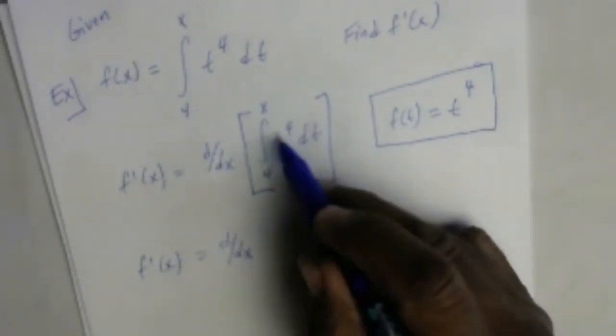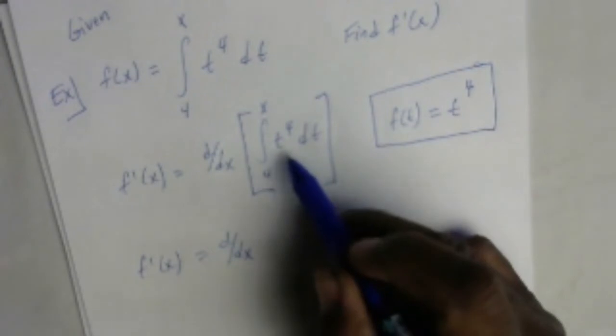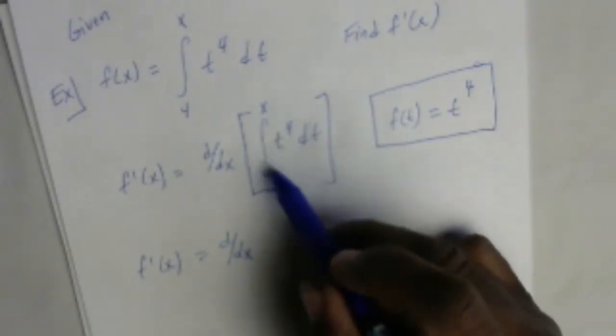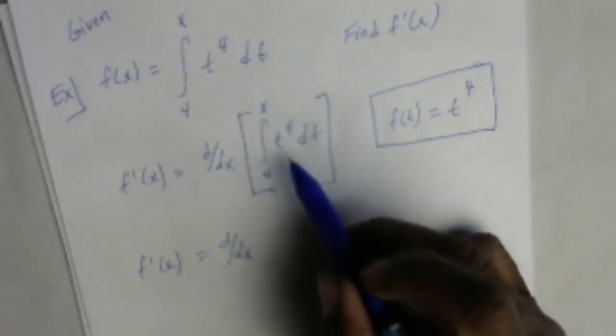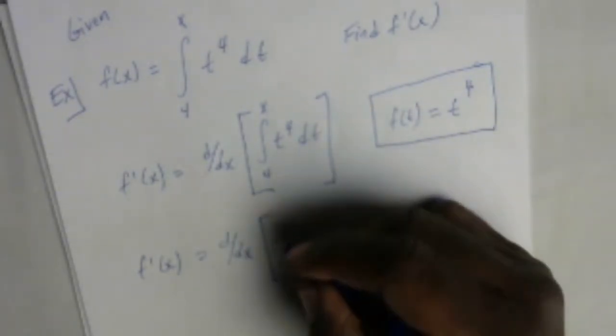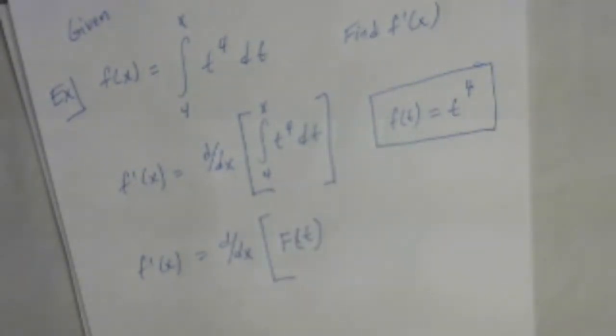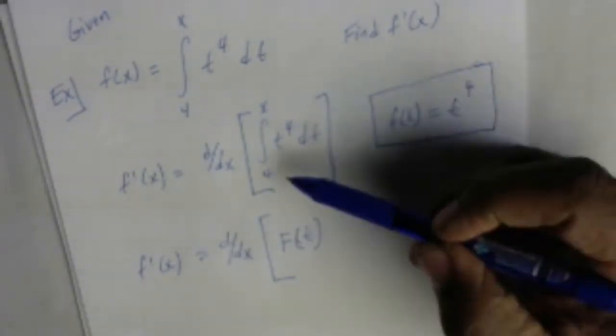I'm going to substitute the integral from 4 to x of t to the 4th dt as capital F of t, evaluated from 4 to x.